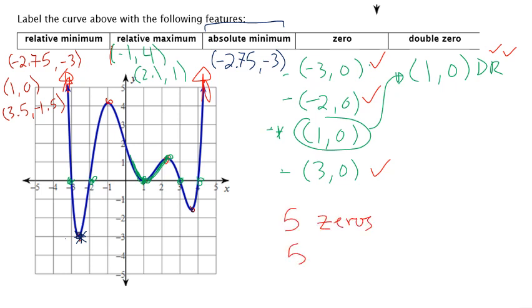Or you might see it as 5 roots, or as 5 intercepts. So basically, if we were going to name the degree, and we'll see this in a moment, the largest degree, since there's 5 roots, or 5 zeros, this would be a degree 5 polynomial.